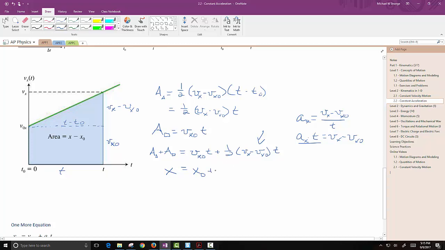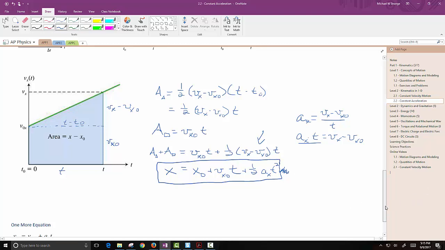So this would be my displacement plus Vx naught t. And that part right there you should know from constant velocity, but now we have this piece. So I get 1/2 of axt times t. And since we have a t times t, I can just make that t squared. And that is your full position function with constant acceleration.